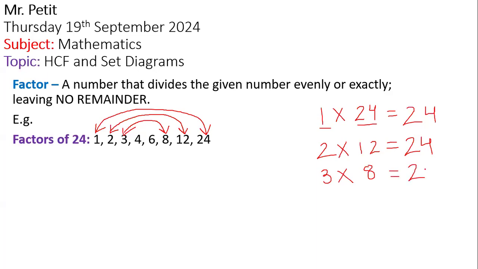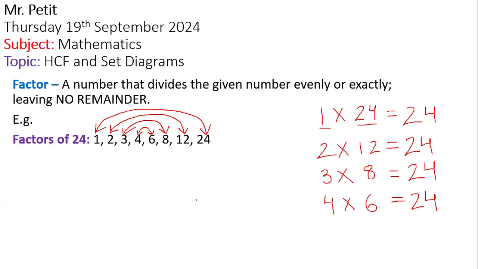Then 4 times 6 is 24. So 4 times 6 is what? 24. Good.